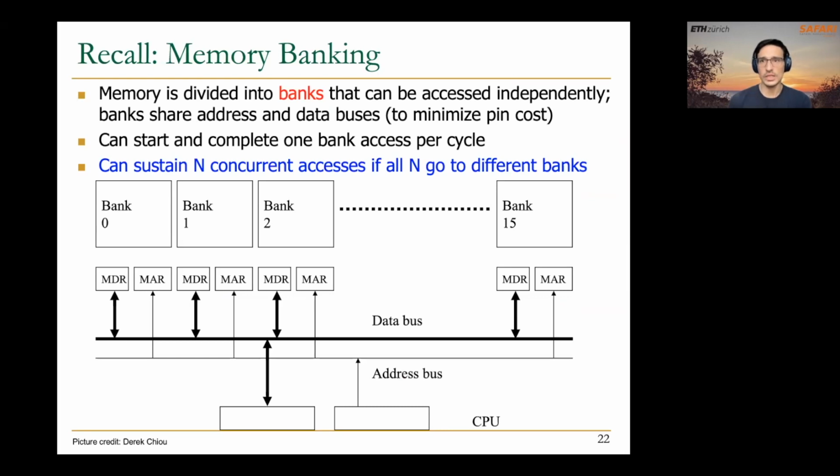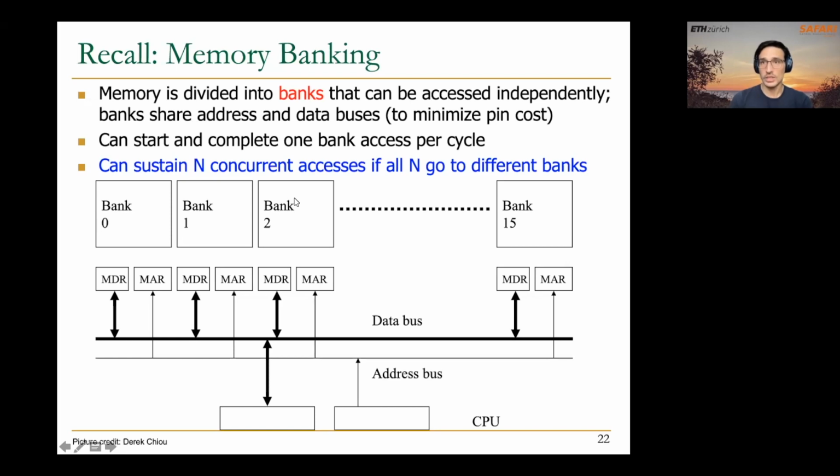Imagine that we have to access element 0, element 2, element 4, element 6, element 8. We are only accessing the even number elements of one array. Because of the size of these words, which is the size that we can fit in each of these banks, we will typically have element 0 of the array in bank 0, element 1 in bank 1, element 2 in bank 2, and so on.